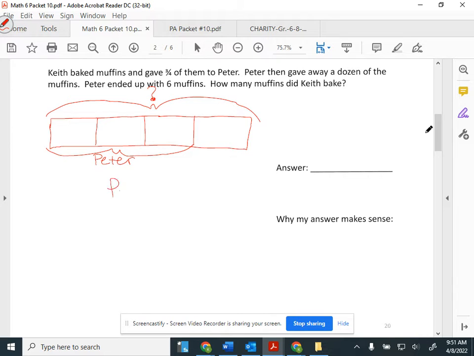So Peter had 18 muffins. How many units does Peter have? How many units did Peter get? 3, because he got 3/4. So we know 3 units equals 18 muffins.